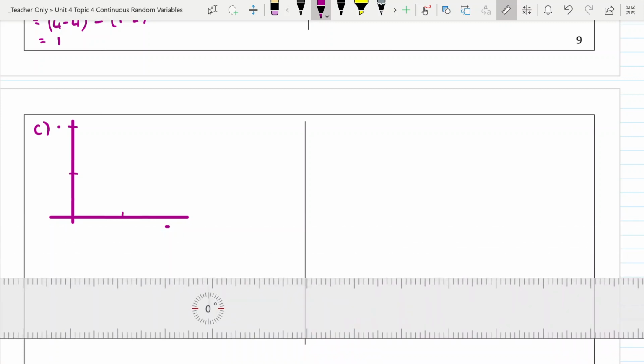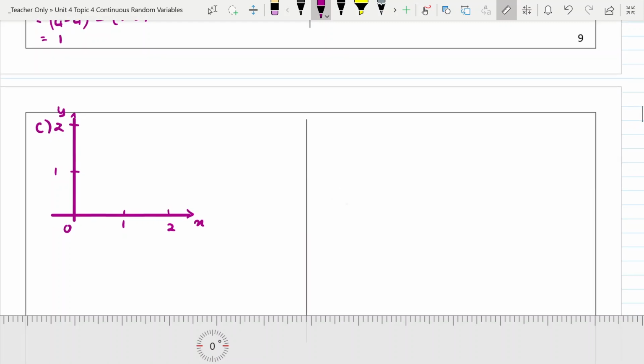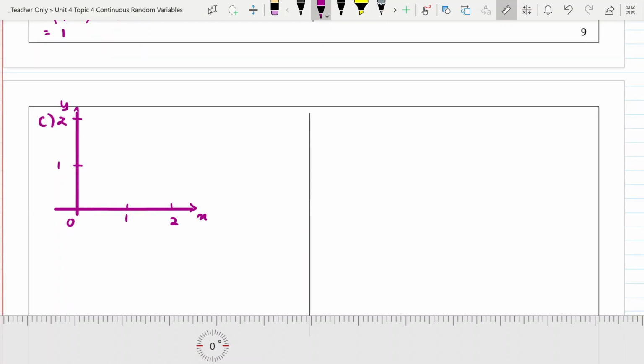There's 1, there's 2. So 1, 2, 0, 1, 2. There's our y-axis, there's our x-axis. And we know we're interested from 0 to 2. So when x equals 0, we get that y equals 2, so we have a point there, 0 and 2.